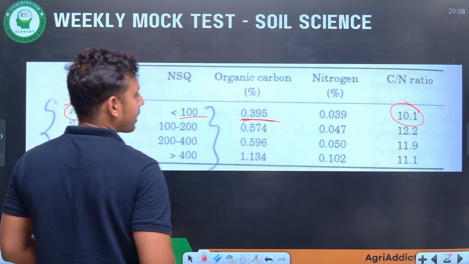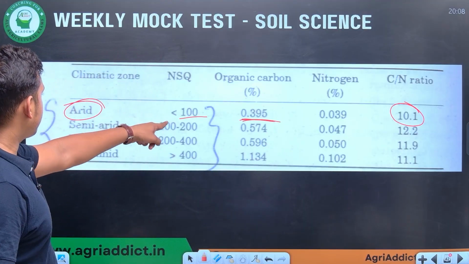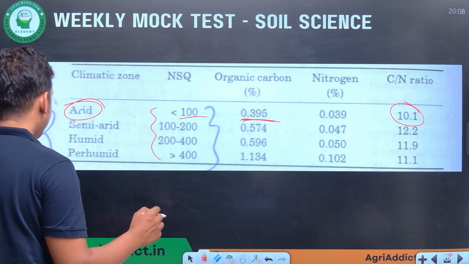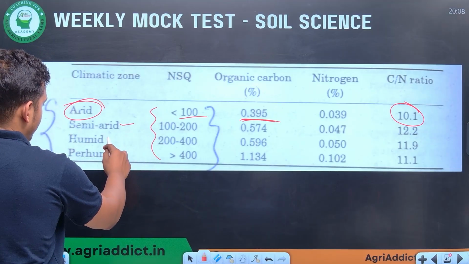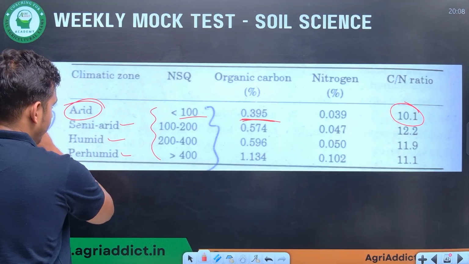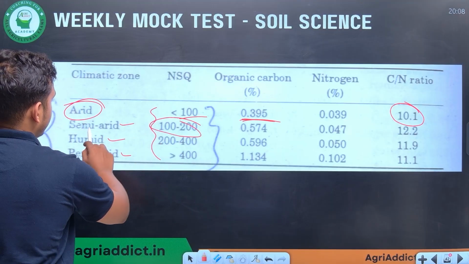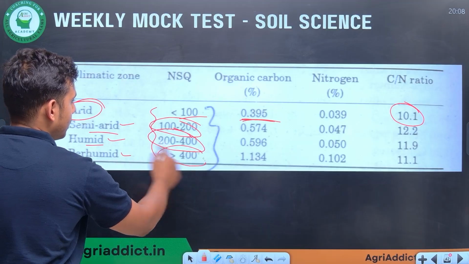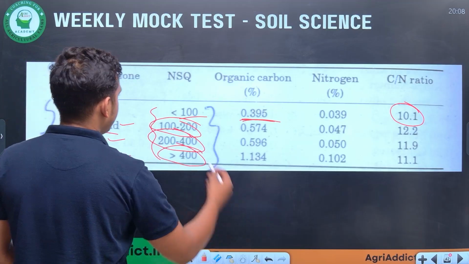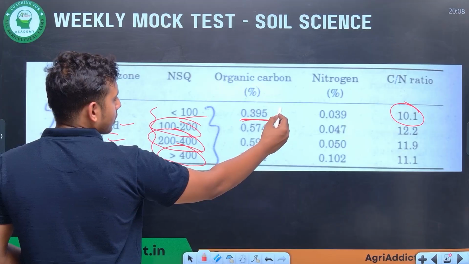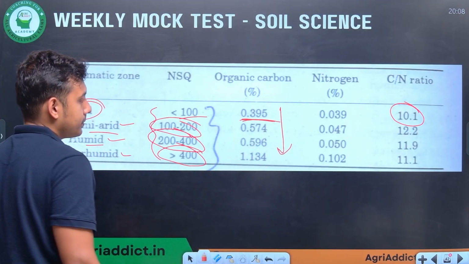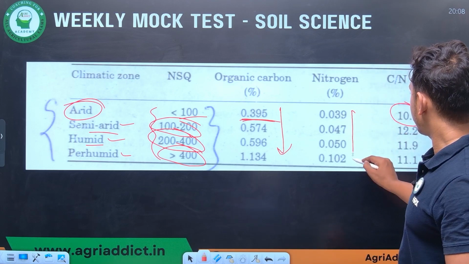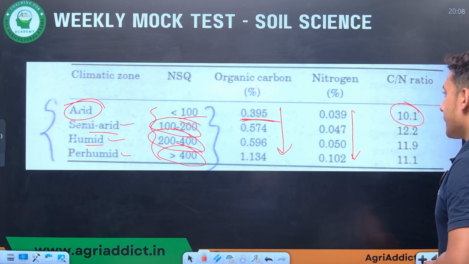By the different ranges of NSQ we can say whether it is arid, semi-arid, humid or perhumid: less than 100 is arid, 100 to 200 semi-arid, 200 to 400 humid, and perhumid is more than 400. With the increase in NSQ, organic carbon and percentage of nitrogen also increase.